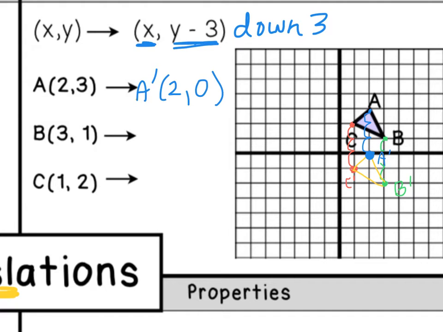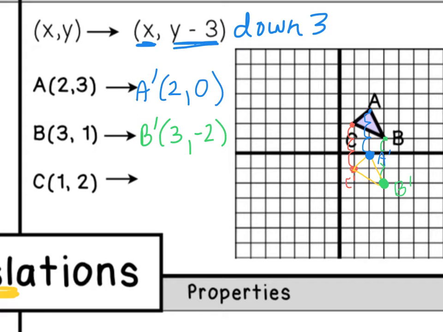Okay, let's get my green here. Let's go our B prime. So for B prime, we went down 3. Our x value stayed the same, so we're still on 3. And then we're at 3, negative 2. Okay, so that point is right here.